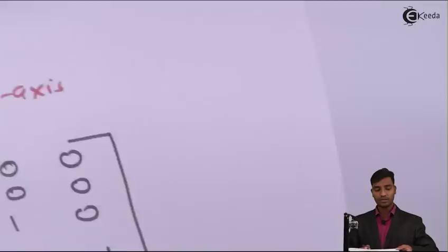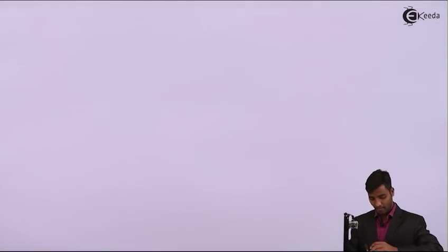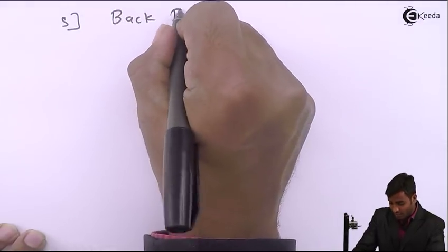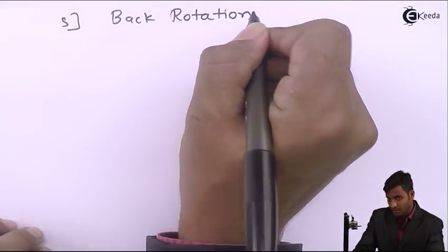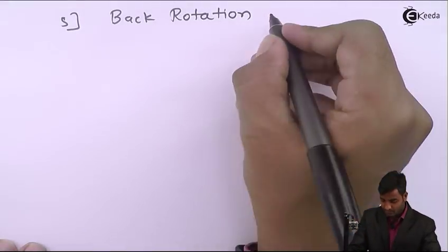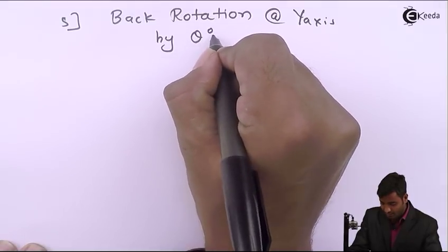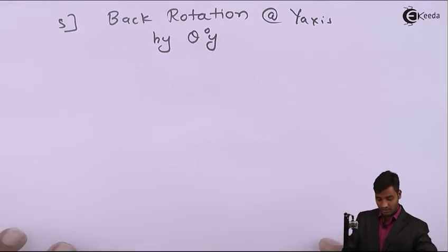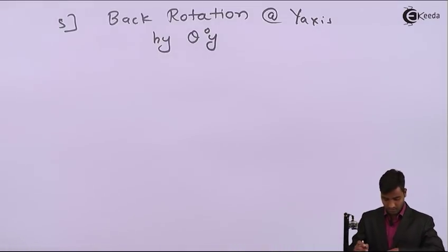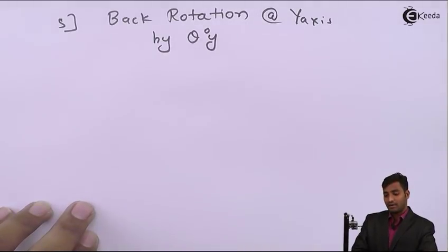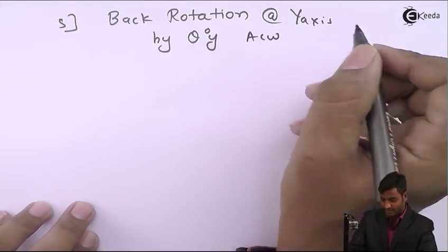So now the fifth transformation we will do is back translation, back rotation about y axis by theta y degree. Since initially we rotated about y axis by theta y degree in clockwise direction, in this back rotation we will do anti-clockwise.